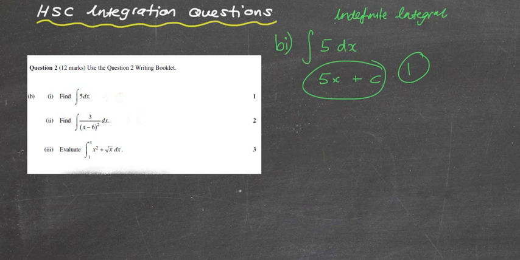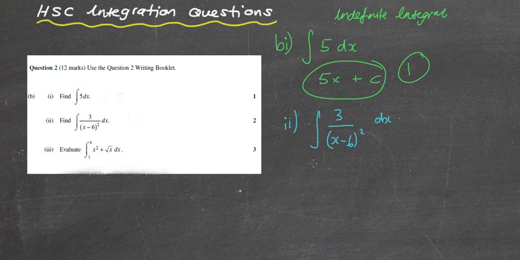Okay, the next question, which is a bit more challenging, is the integral of 3 over (x minus 6) all squared dx. Now, we haven't done any sort of logs at all with integration or differentiation, so this can't be a log, but certainly when you have done the logs of integration, that's the first thing that we should look for.